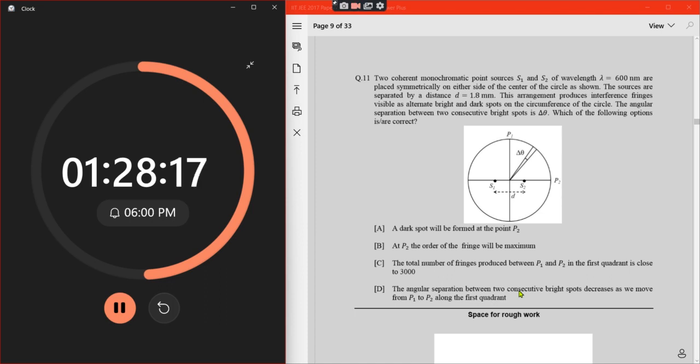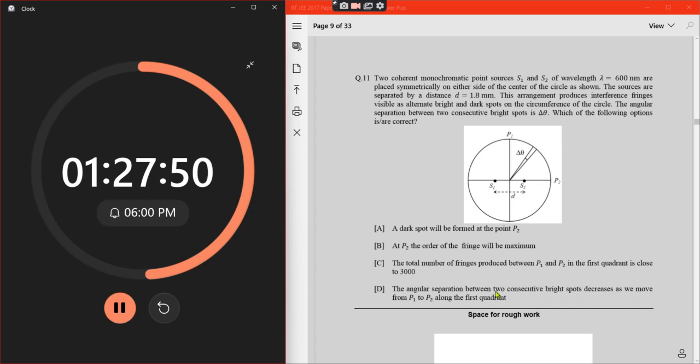Exactly. So delta theta is just lambda upon d cosine theta, which means as we move, here delta theta was maximum, sorry, minimum. Now as it moves, it will become bigger and bigger and bigger, right? Exactly. Angular separation between the spots decreases. I don't think that's what's happening though. Cosine theta, right?